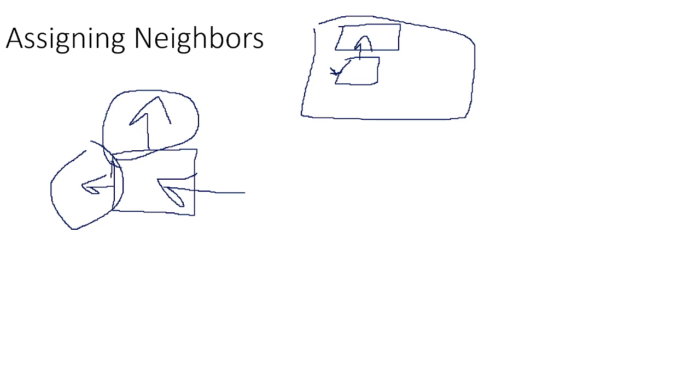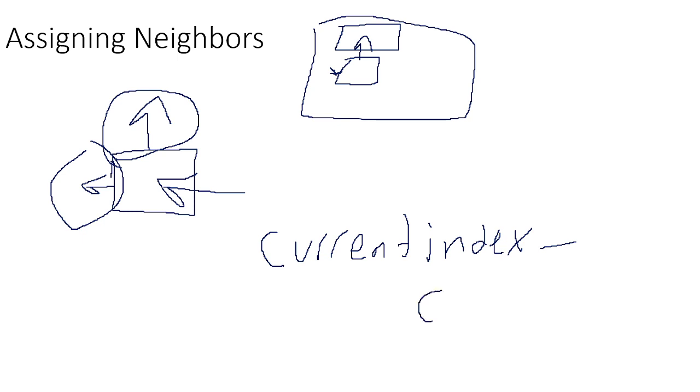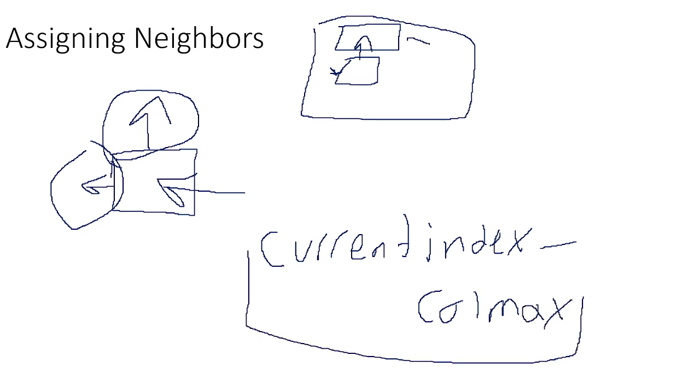So the strategy I use is just get the current location of your index and then subtract the maximum columns. Just that. So you can get this guy above here.